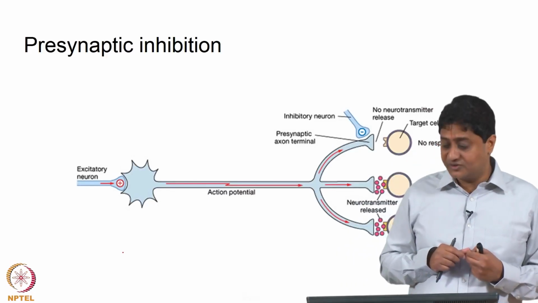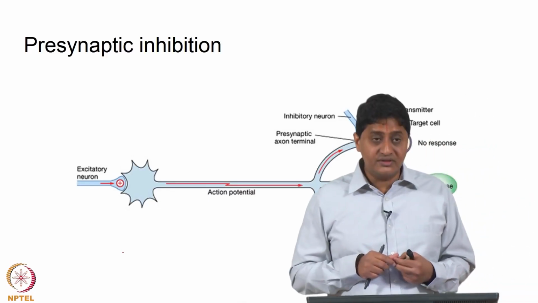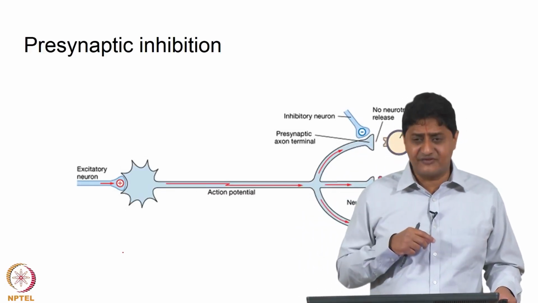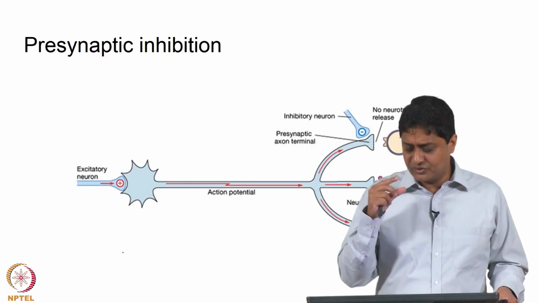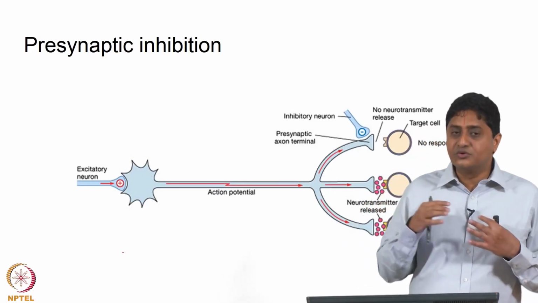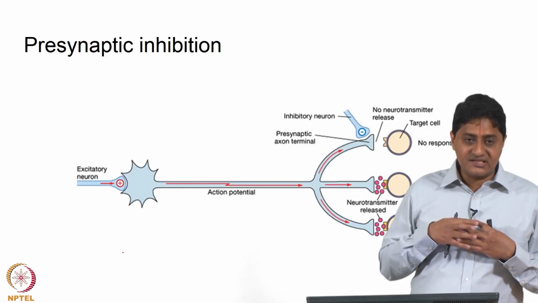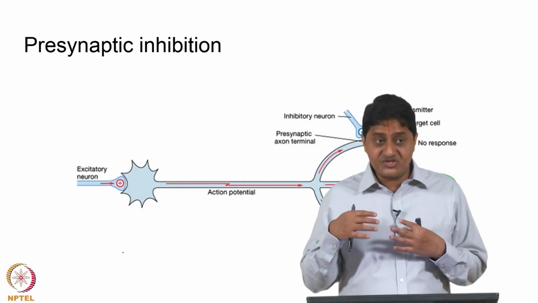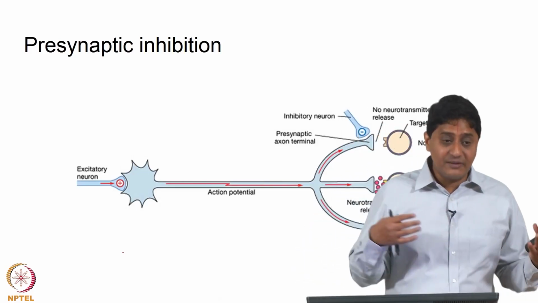To understand how this functions, we need to know how the release of neurotransmitter itself functions. We said that neurotransmitter release happens due to the presence of calcium channels on the presynaptic cell, which let in calcium whenever an action potential, whenever depolarization arrives.